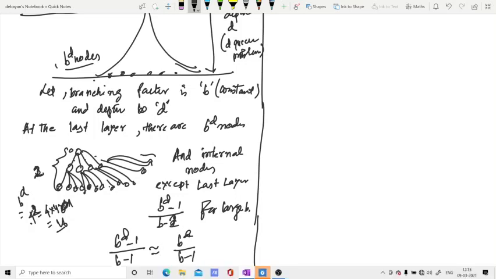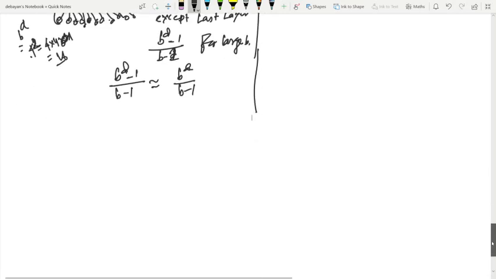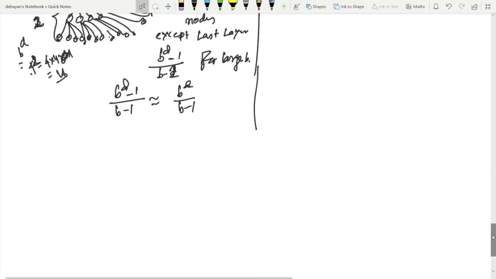That means the last layer will contain b to the power d nodes, and all internal layers will contain only this number of nodes.